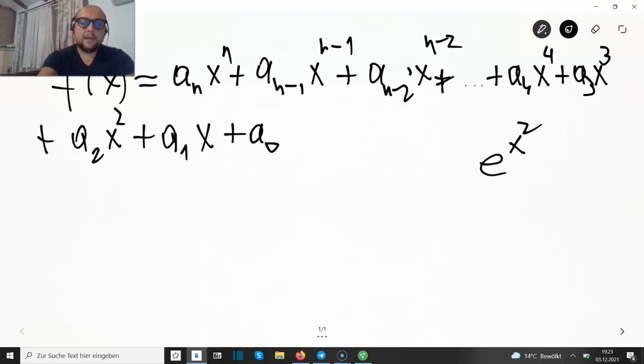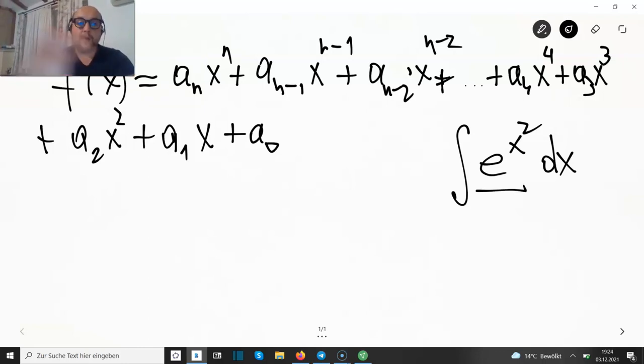But maybe in one of my future videos as well, I will prove that there is no original function for these reasons computed just by hand. So in other words, you cannot give me a function capital F of x such that the derivative of this one would give us e to the power of x squared. Simple as that.